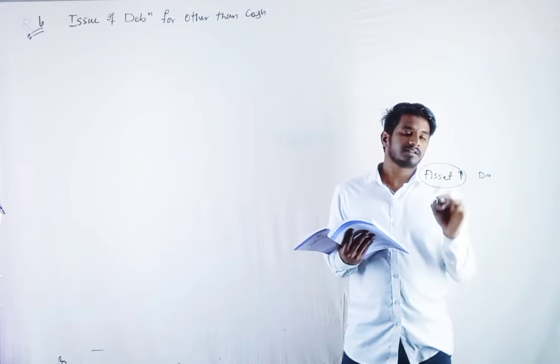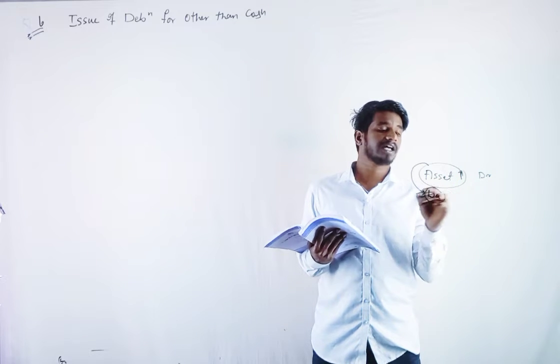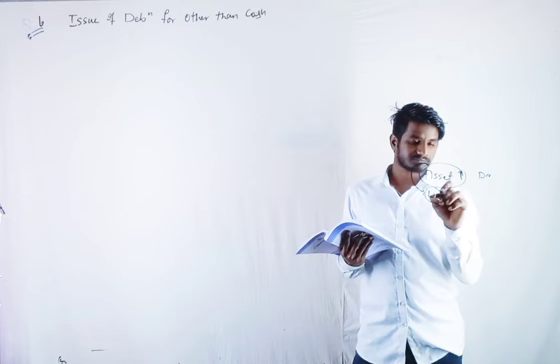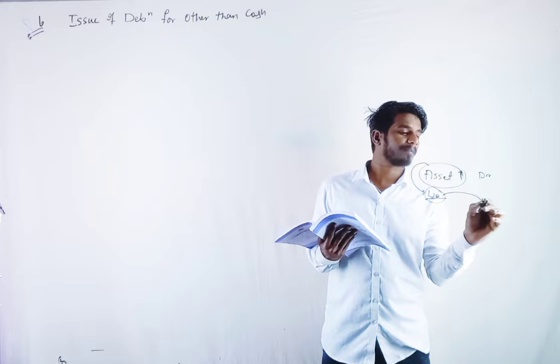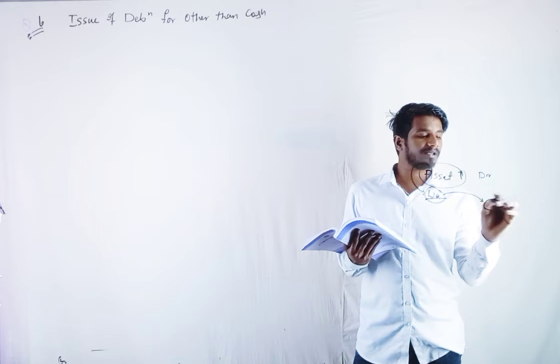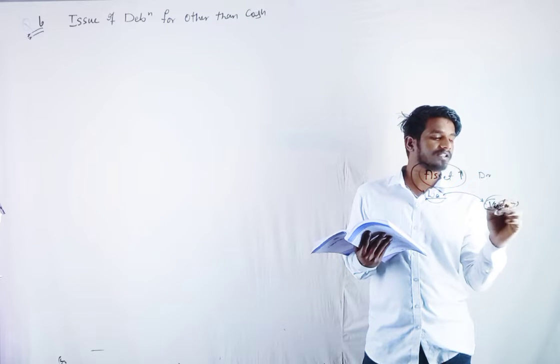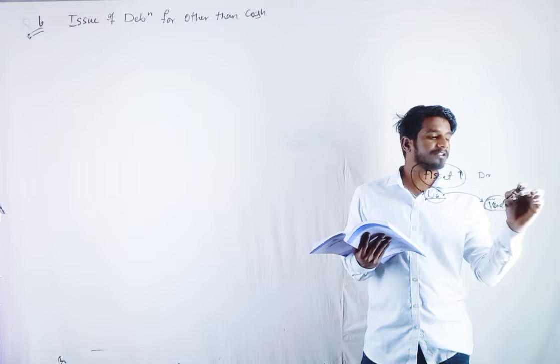Then simultaneously we are creating a liability. We are liable to pay for whatever we have purchased. The liability will be to whom we pay. He will be our liability, let's say vendor. Right. He's a vendor, like creditors.